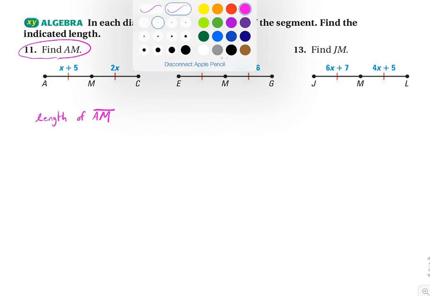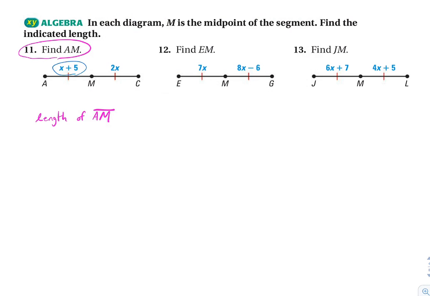Okay, so let's see. Well, right now the length of it is just x plus 5. So AM is equal to x plus 5, but I'm pretty sure they want us to find not just an expression for it. I think they want us to find the actual value. And so what can we do? Oh, well, I notice there's a dash and a dash, so these must be the same. So let's do it in order from left to right. We got x plus 5 must be the same as 2x.